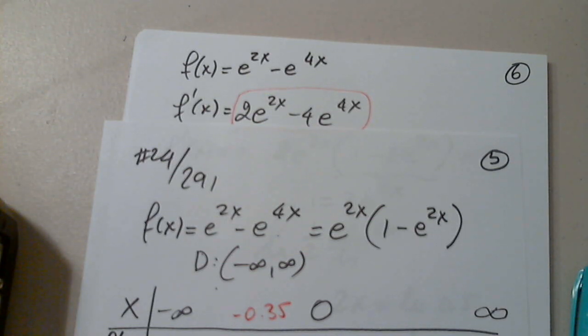And I also want to enter the derivative, which is 2e to 2x minus 4e to 4x. I love my parentheses and I left them out. Can't believe it. Okay, so I want to determine the value at negative 0.35 only for the function.